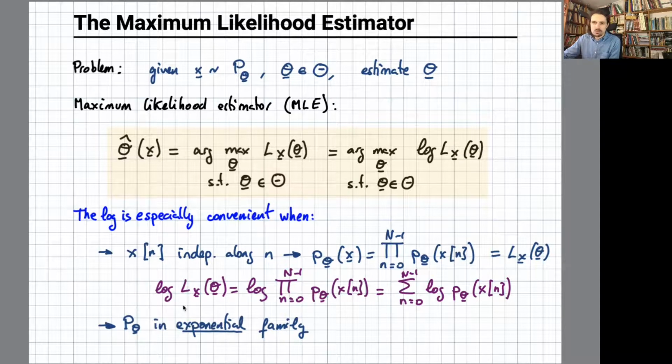And they have the common property that their PDFs or PMFs can be expressed as the exponential of a simple function, and therefore the effect of this log is to bring down that function from the exponent down into the objective function, and therefore the optimization process is also simplified significantly.